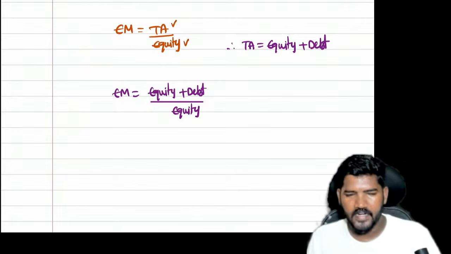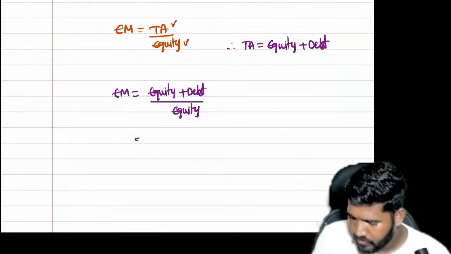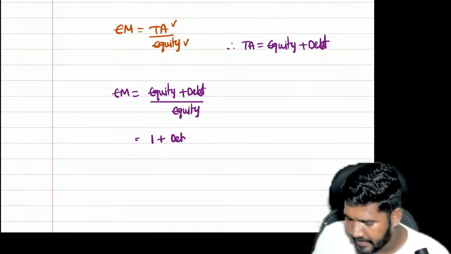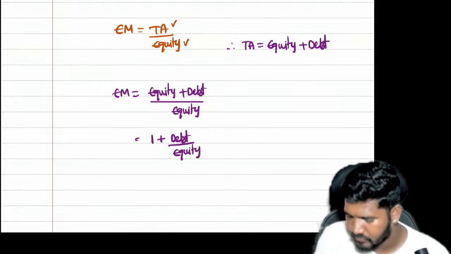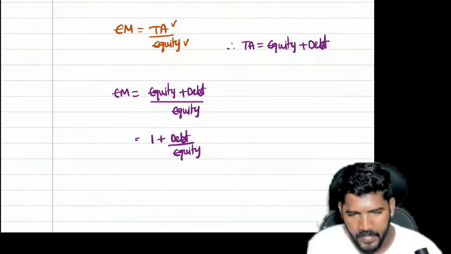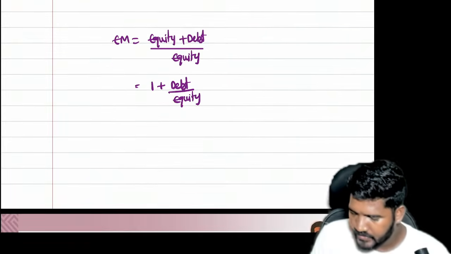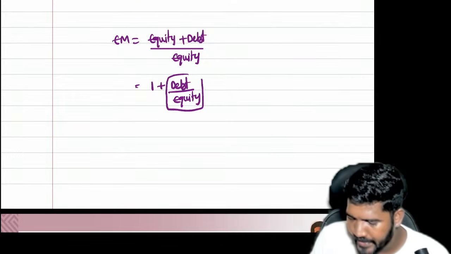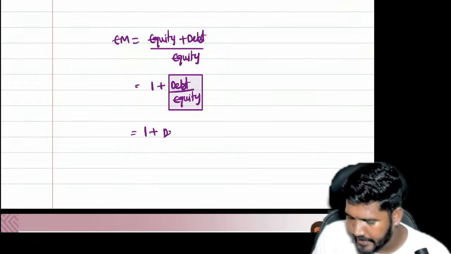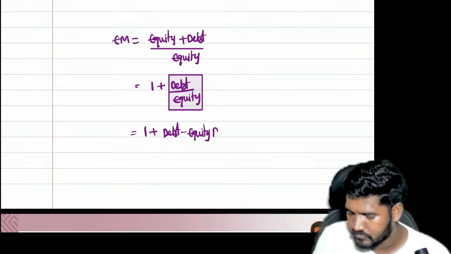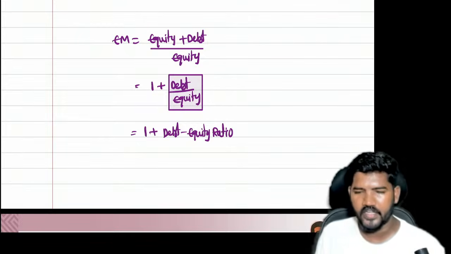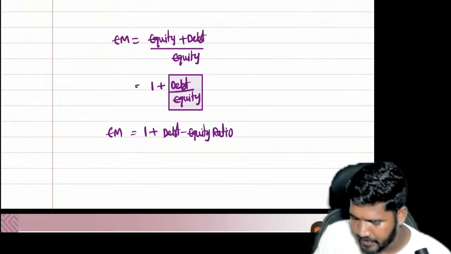If you take equity common, it is 1 plus debt divided by equity. This formula looks like a ratio name. What is the ratio name? 1 plus debt to equity ratio. This is called the equity multiplier.